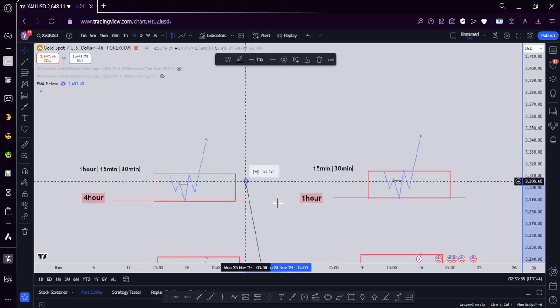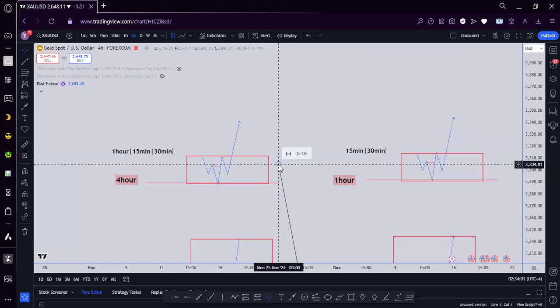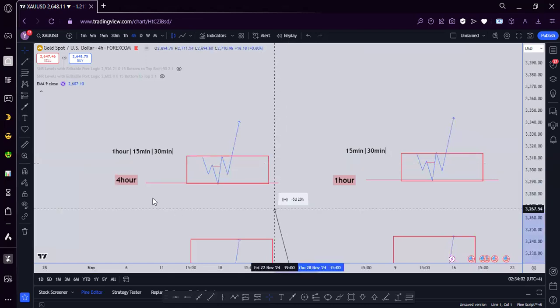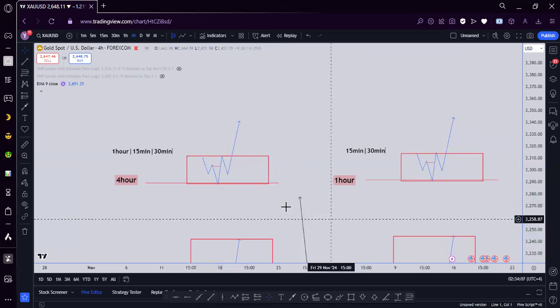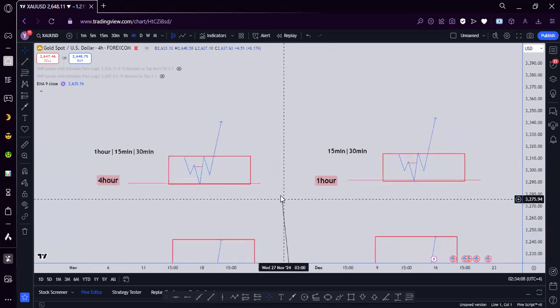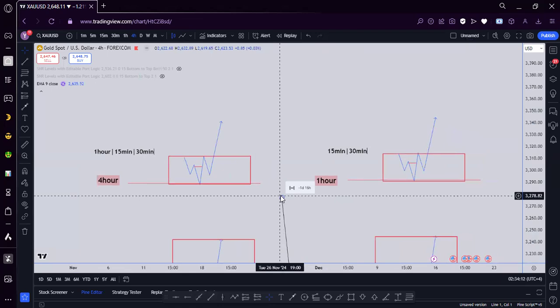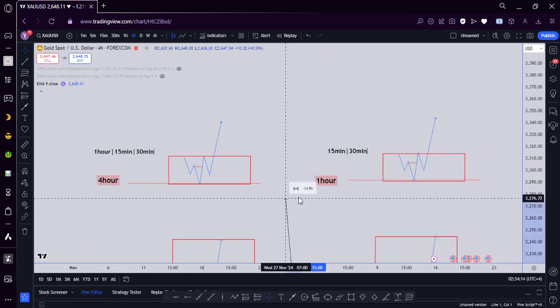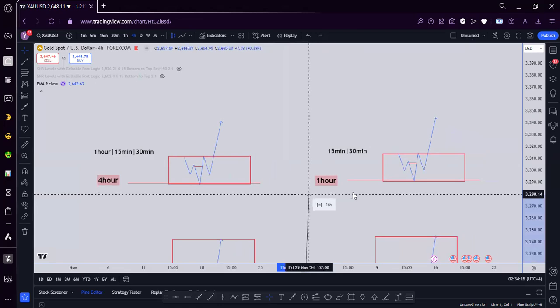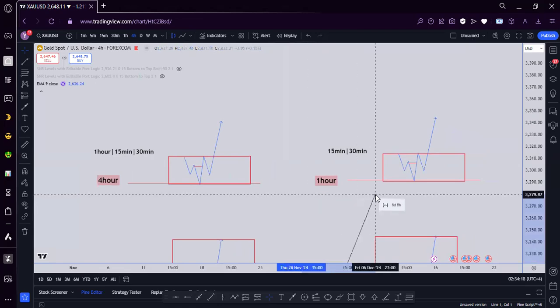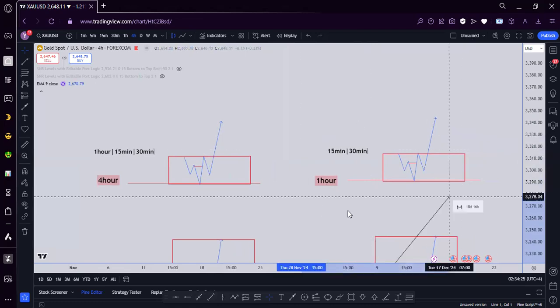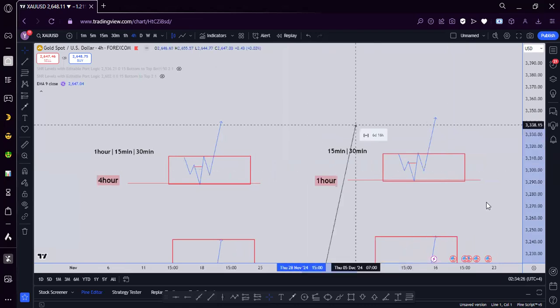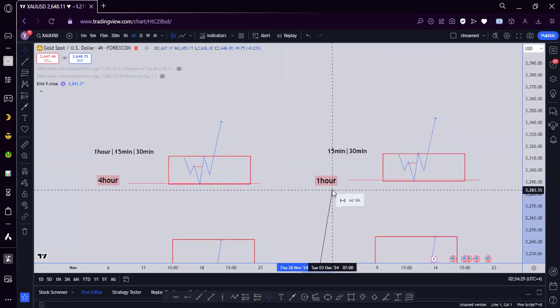So what is the difference between the 4-hour and the 1-hour mini classic storyline? The difference is the number of setups. If you use the 1-hour mini classic storylines, you will take a lot of setups, because there will be a lot of 1-hour levels.